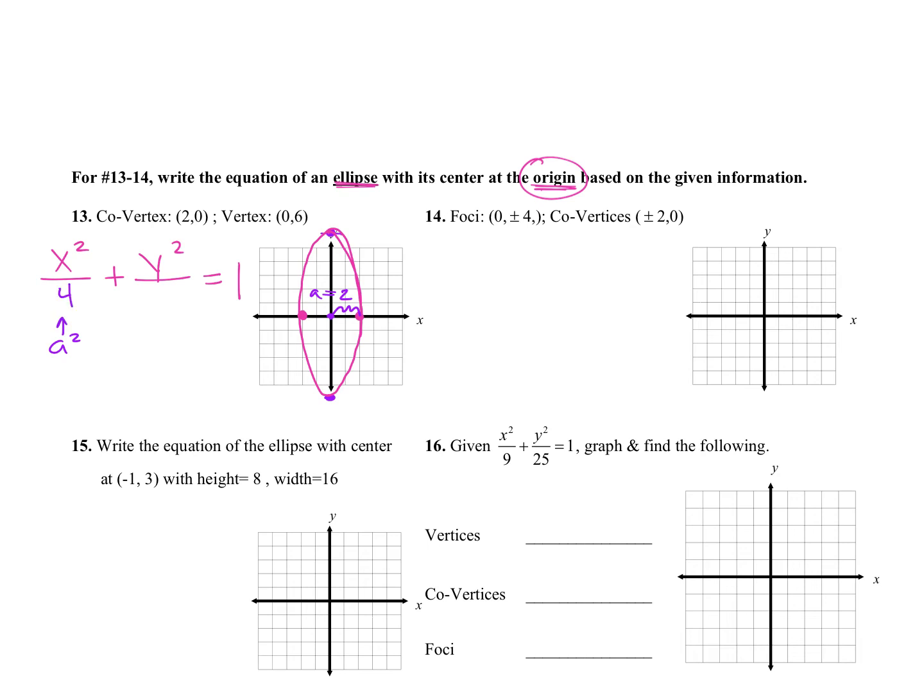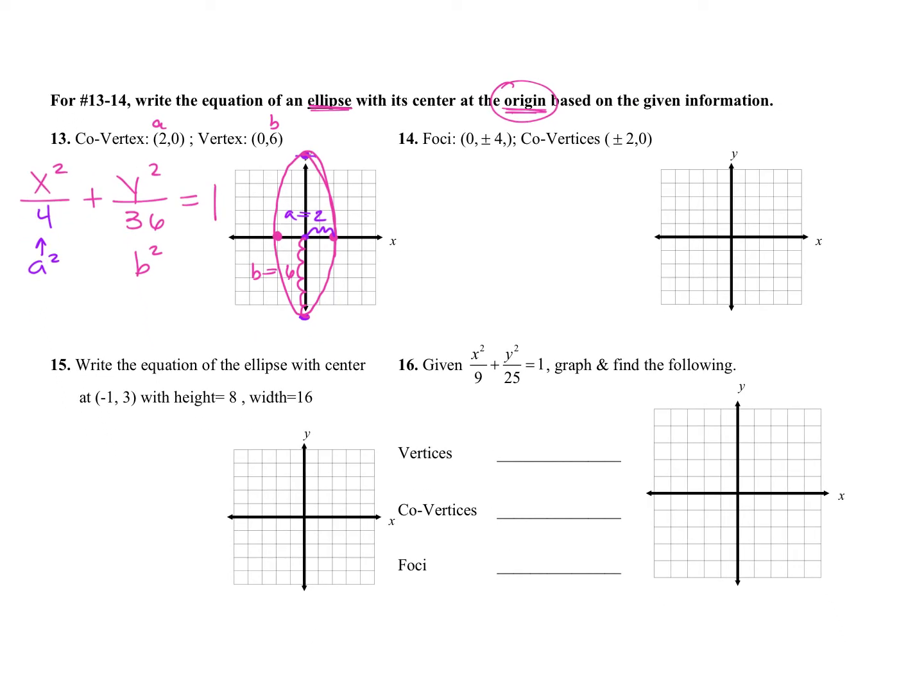And then your y value, your b value is 6. So 6 squared gives you 36. That's your b squared value. And that's your equation. Again, you don't need to graph it. You had your a value right here and you had your b value right here. If that's how you prefer to see it, you don't need to graph it. Any questions on that?